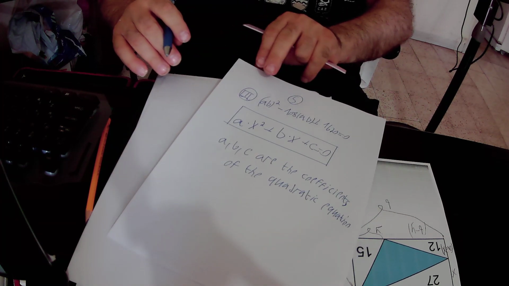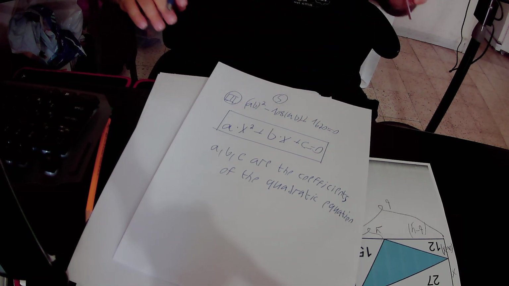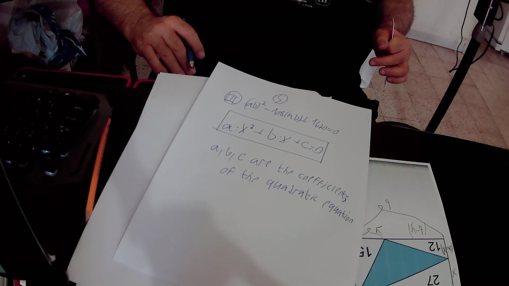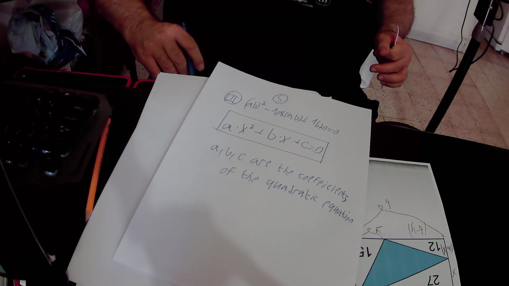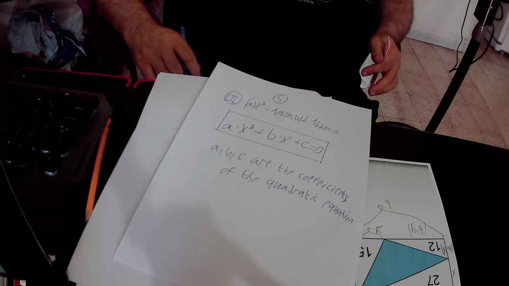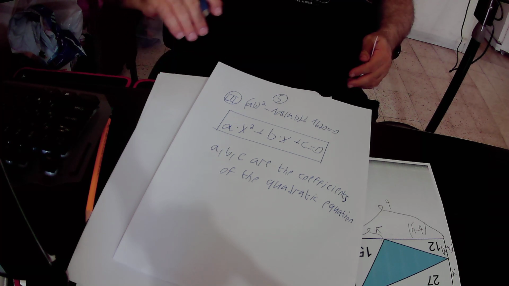Okay, a, b, and c are the coefficients of the quadratic equation, and x is the variable of the quadratic equation that we usually want to find its value.